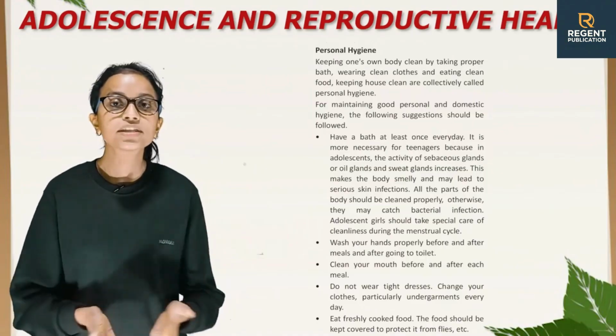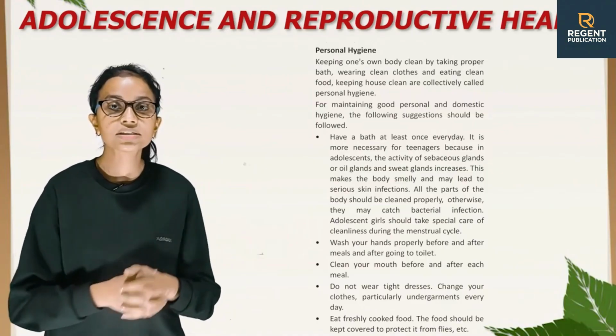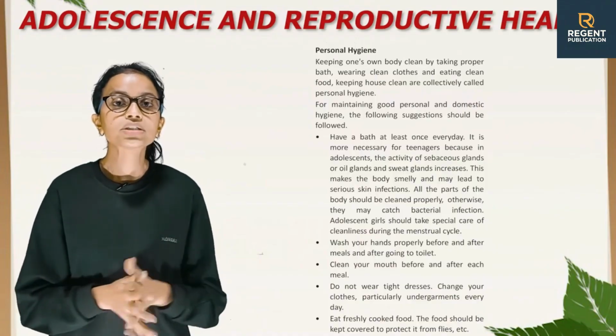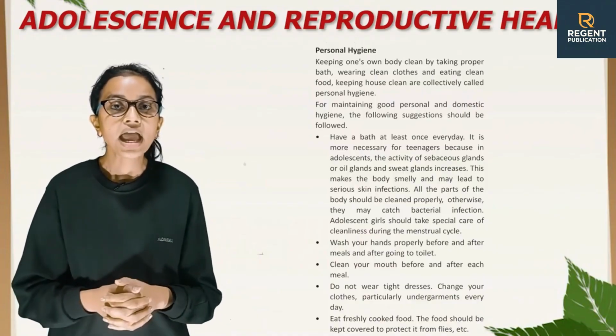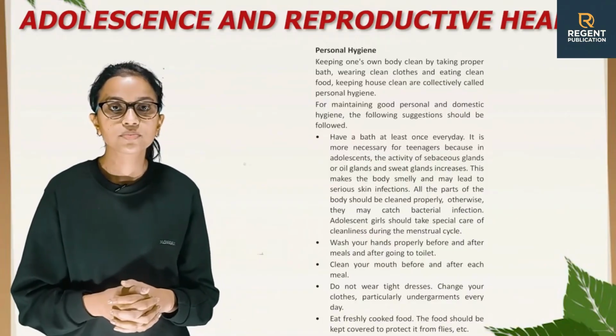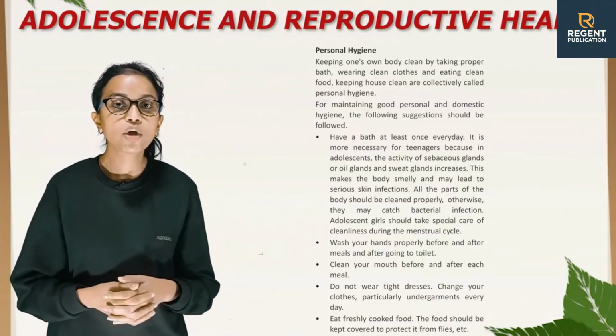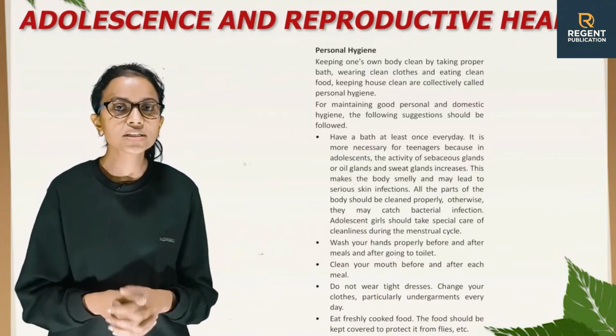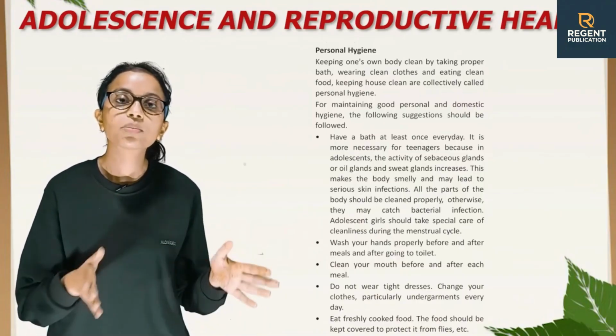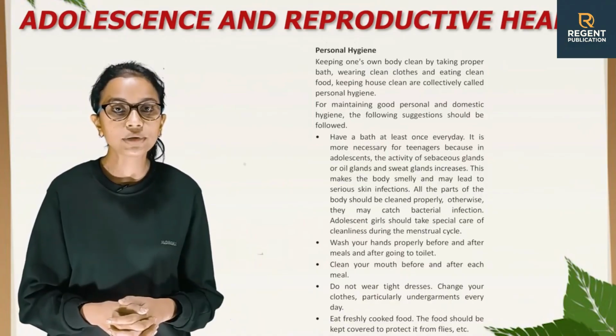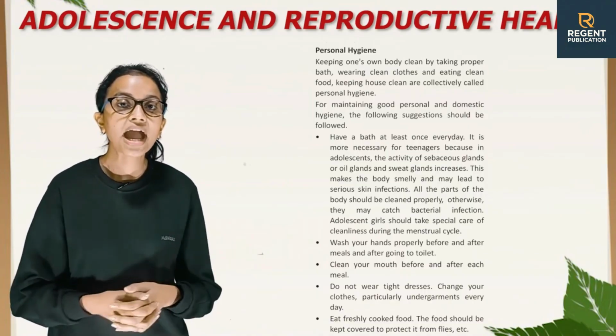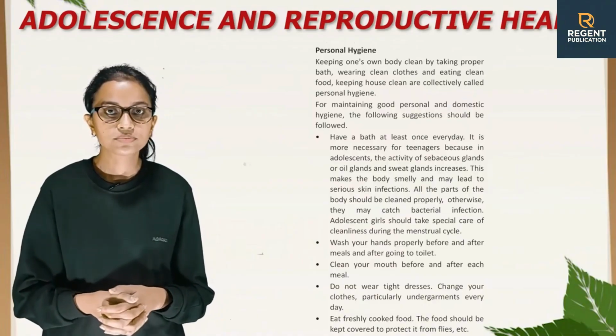It is more necessary for teenagers because in adolescence, the activity of sebaceous glands or oil glands and sweat glands increases. This makes the body smelly and may lead to serious skin infection. All the parts of the body should be cleaned properly, otherwise, they may catch bacterial infection.